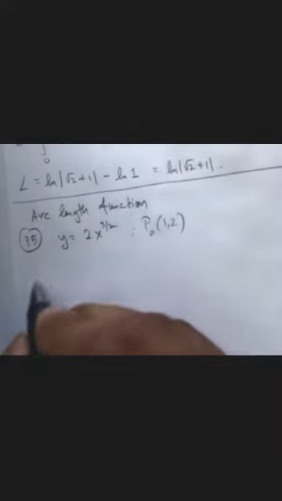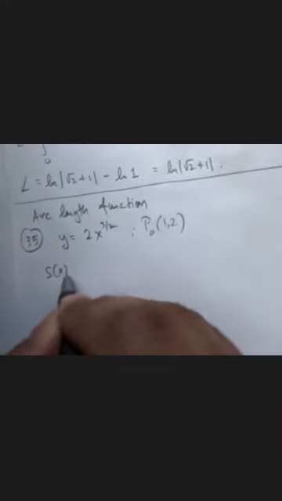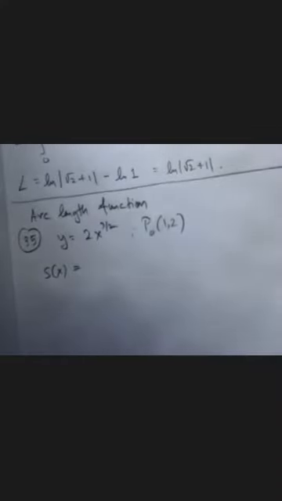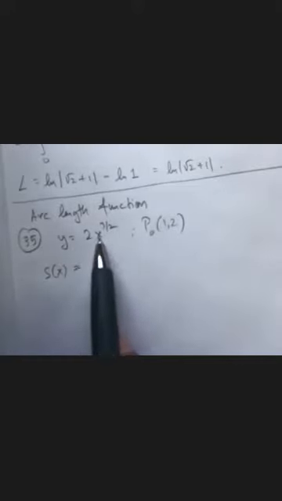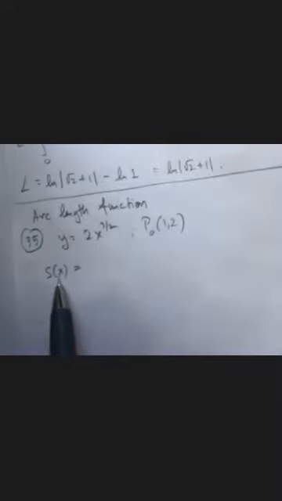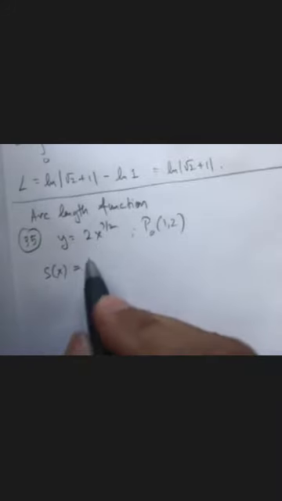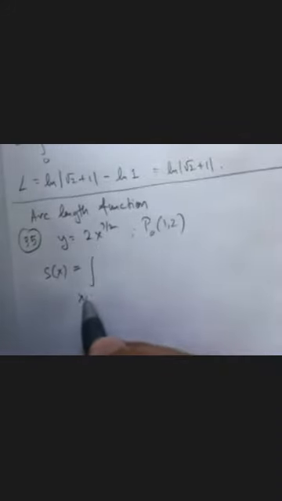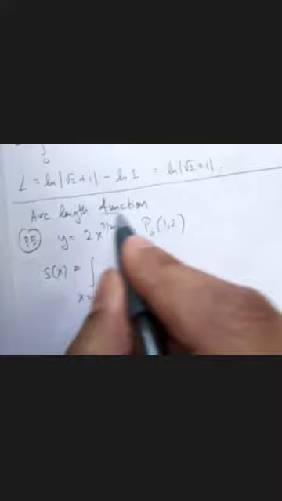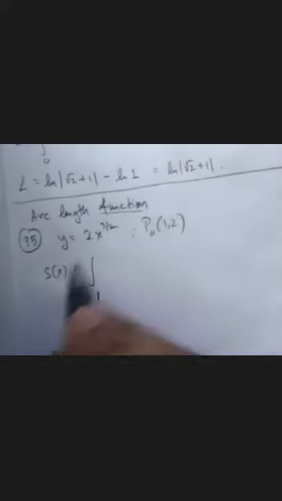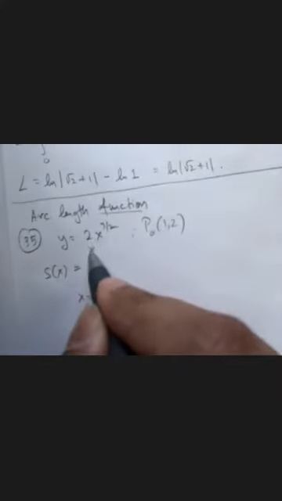The formula for arc length function is, so I'm writing x because the given curve is y as a function of x. Because the given curve is a function of x, the arc length will also be a function of x. Starting point P naught, x is 1 here. And then because it's a function, your final answer is a function of x, so you will integrate up till x.